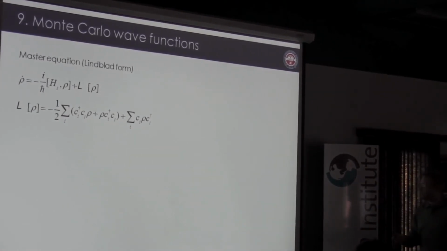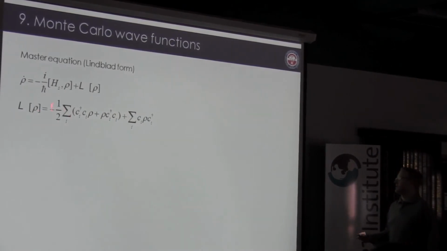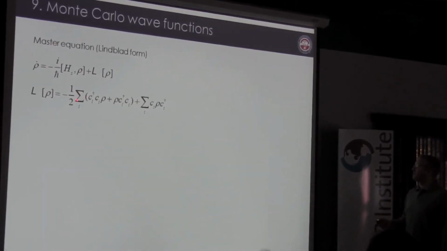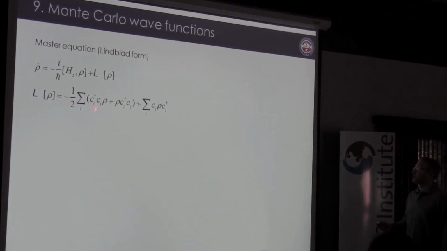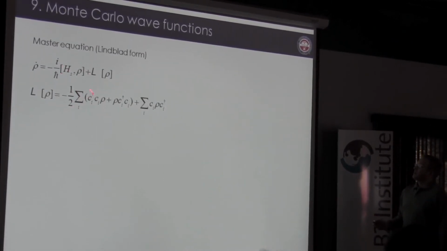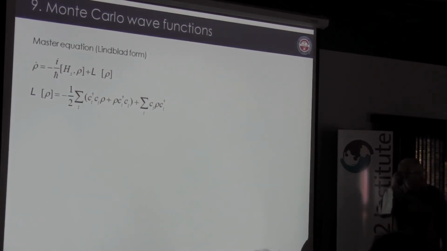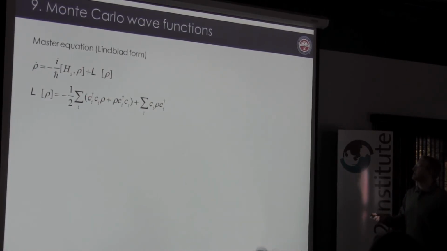We start off by looking at the very general form of the master equation. Again, the evolution of our subsystem is given by its free evolution, and now I'm not making any particular assumption about the reservoir, except that it's linear.